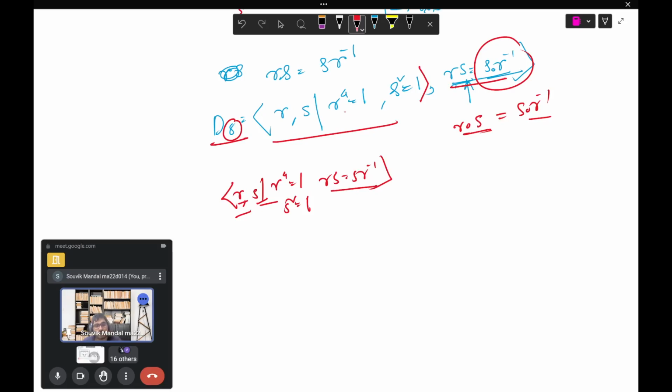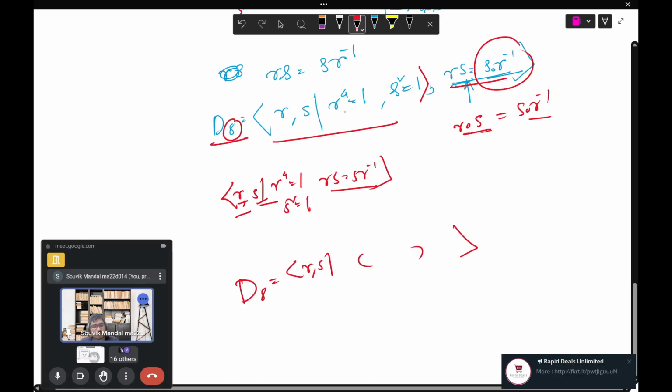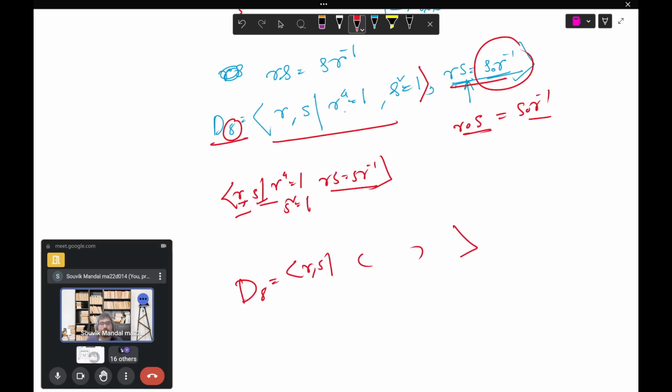When it's automatic, that is okay, but when you are directly writing D8, then we need to mention R comma S with some relations. Because when you are solving problems, you will not remember the geometric description of D8. You will only remember the algebraic description of D8. That's why we always need this, abstractly.